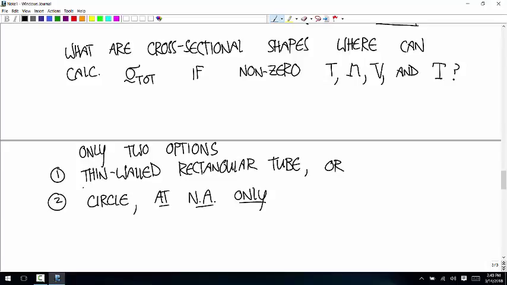But that's good news, because I would guess that the construction of these doesn't have anything to do with what we can calculate and what we can't. It's just sort of luck of the draw. It's probably just easier to manufacture. And also, those are shapes that have a pretty good resistance to torque, pretty good resistance to bending, and so on, without requiring a ton of material.